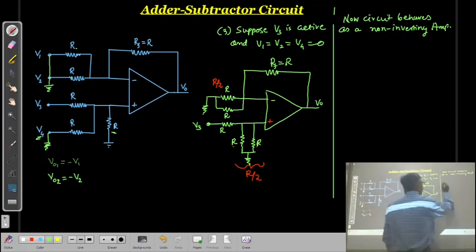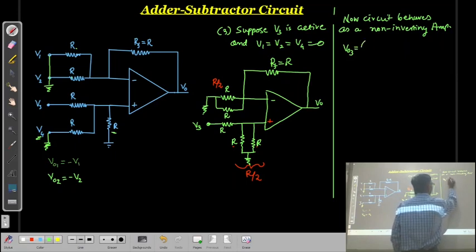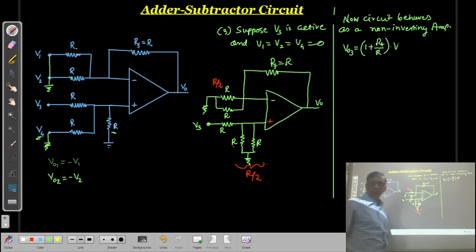So in case of this non-inverting amplifier, the output voltage is written as 1 plus RF by R into the input voltage. Now remember, what is the input voltage?